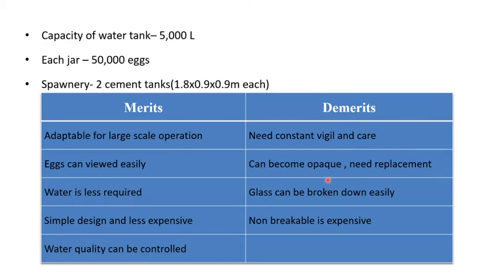They can become opaque and need continuous replacement. As they are made of glass, the glass can be broken easily. Non-breakable material like FRP is expensive. So these are the merits and demerits of glass jar hatchery.